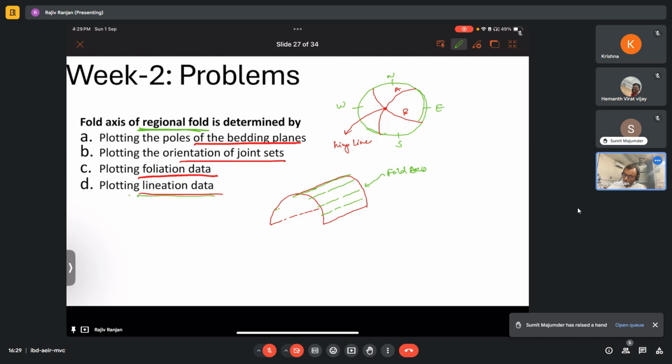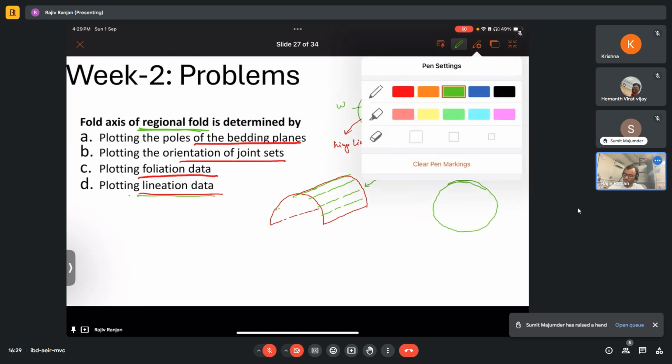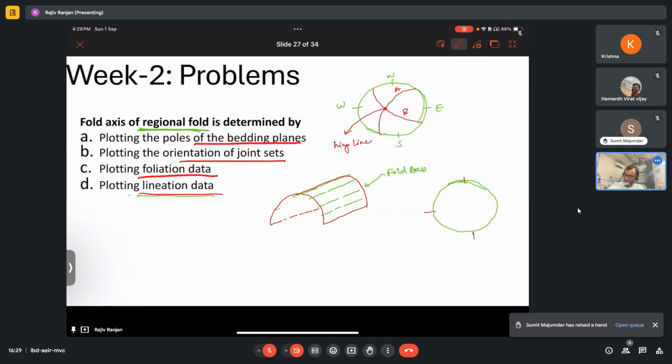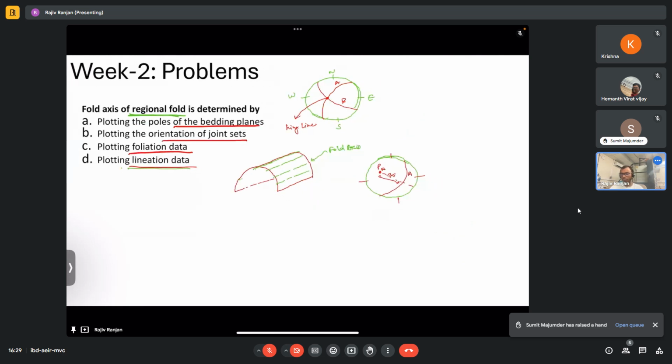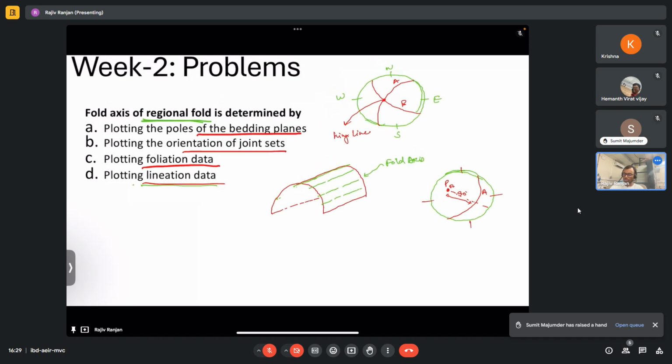Because I will tell you about the poles. What is a pole? If you have a bed like this, the pole is nothing but 90 degrees from it. This is pole 1. If this is A, this is the pole of A. So this gap is 90 degrees.